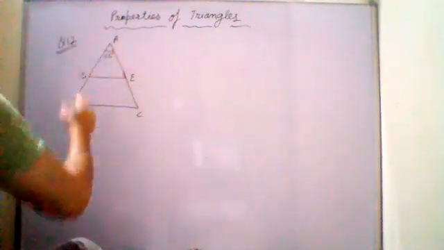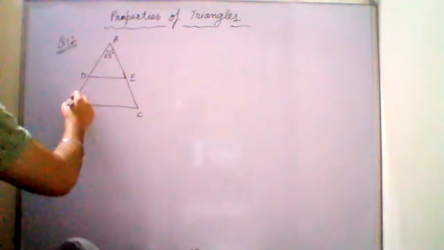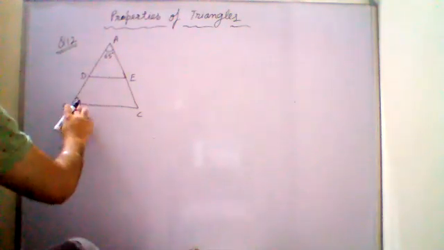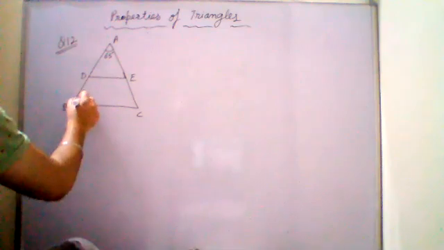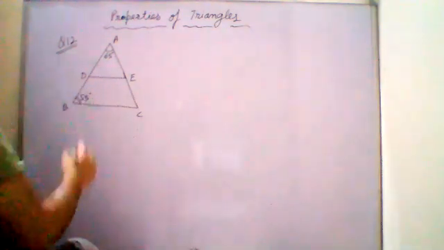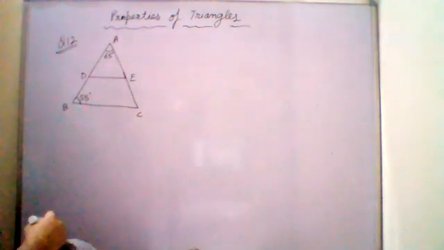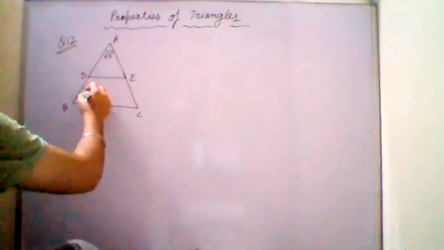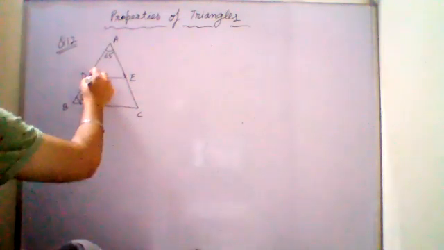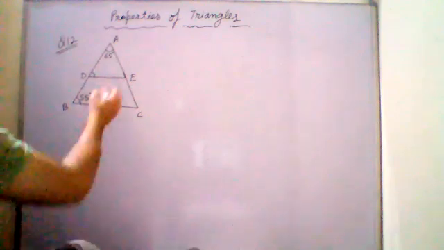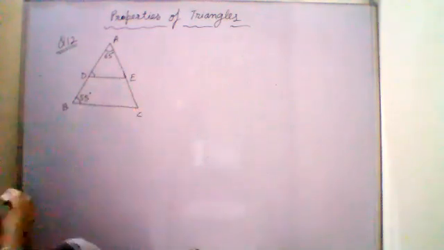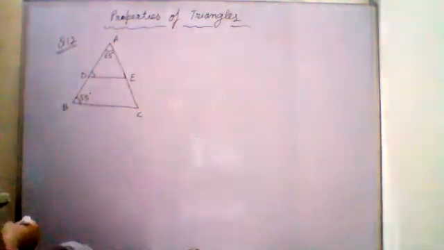Angle A is 65 degrees. Angle B is given 55 degrees. 65 and 55. And we have to find angle ADE first, then angle AED, and then angle C. So these three angles we have to find out.